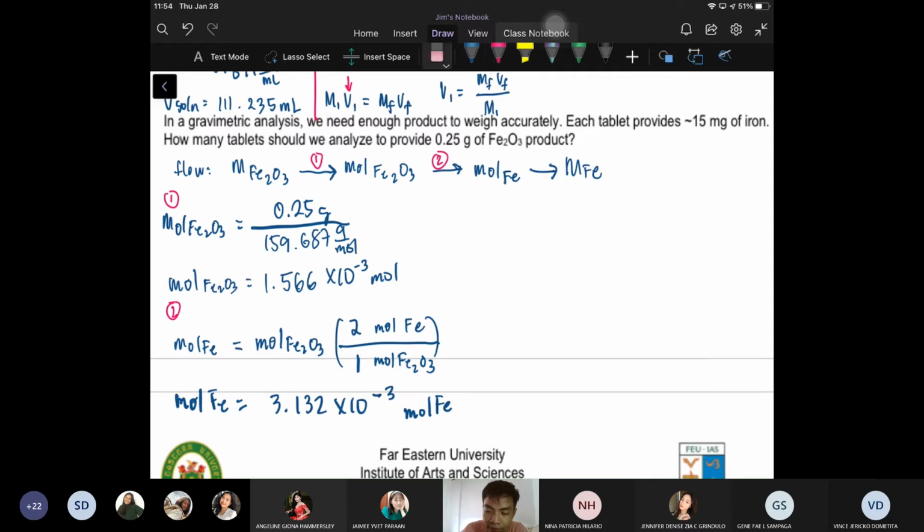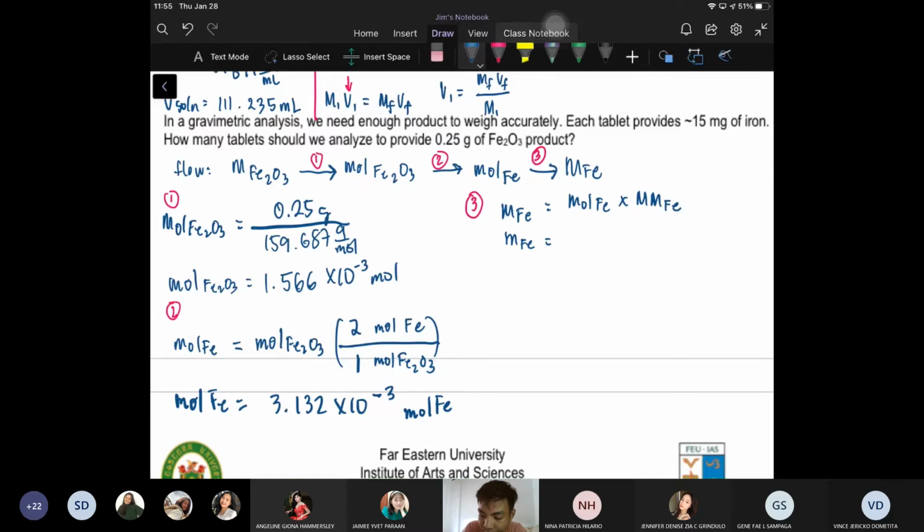Then ano pa yung gagawin natin? From mole iron, gagawin nating mass ng iron yan. Hindi pa tayo tapos. Daming steps, no? So kunin natin yung mass iron. Paano yun? Mole iron times the molar mass of iron. Okay, so that's 3.132 times the molar mass of iron, which is 55.845 grams per mole.